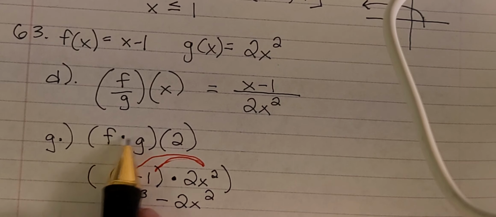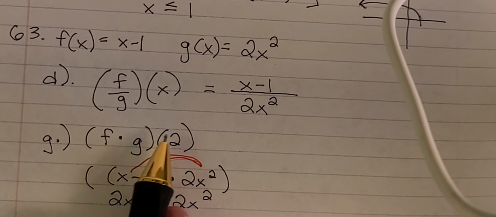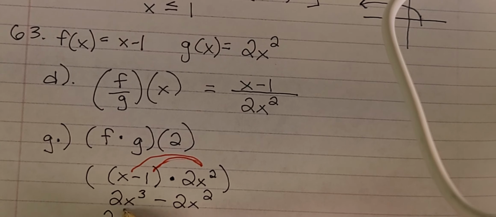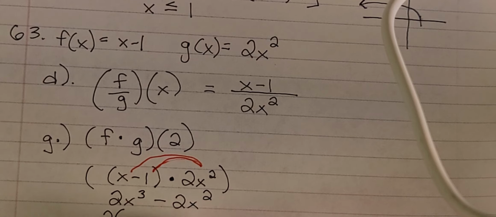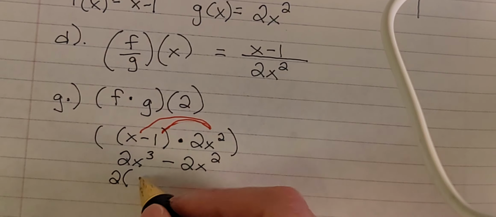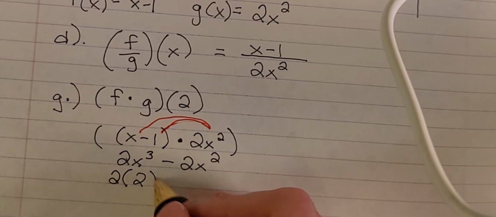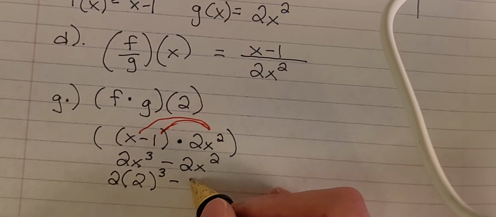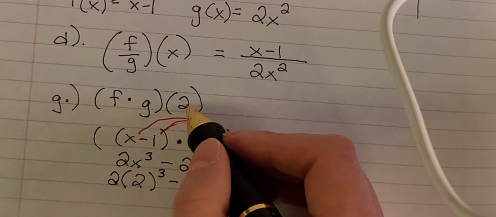So this is the f dot g part. Now all we have to do is plug 2 into the x's. So 2 in parentheses, and that 2 came from there. Our x is 2 to the third power minus this 2 is coming from here, and that x is coming from up here.